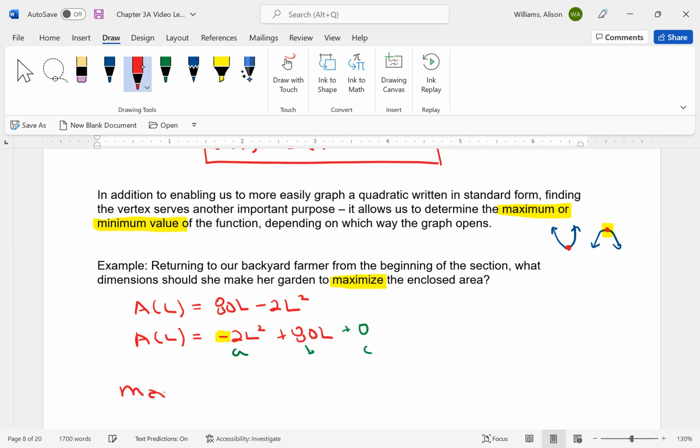So the maximum is going to occur at the vertex, so I'm going to find it. So h equals -b, which is -80, over 2 times a, which is -2. So -80 over -4, that comes out to +20.